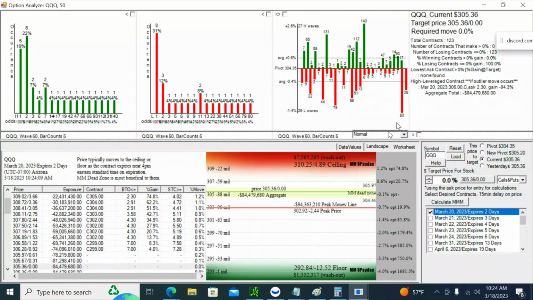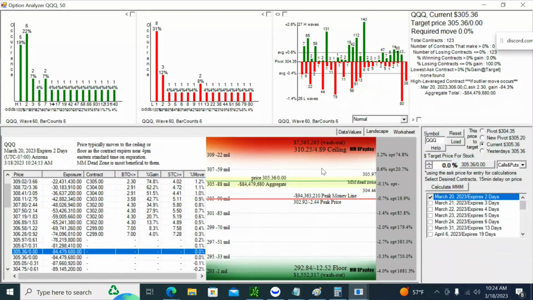I think since I'm doing all this stuff and the program's so CPU intensive, it's not letting Discord work very good. All right, so now we know, here's our ceiling, 310.25, same deal we did Friday, right here.